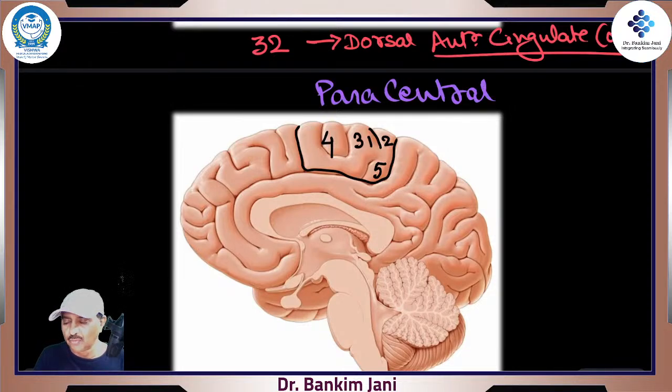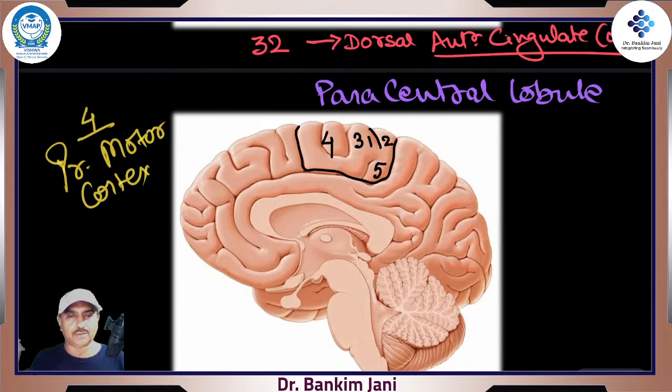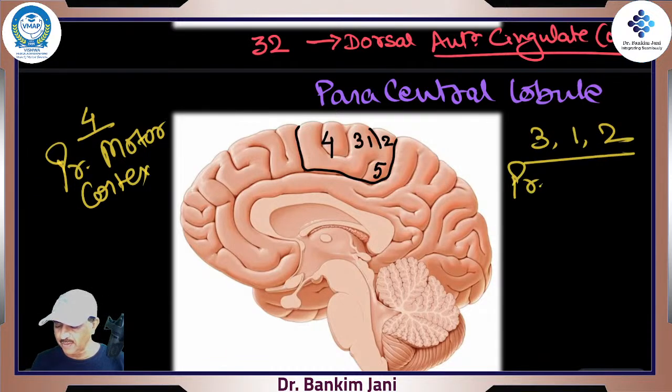In the paracentral lobule, we have Brodmann's areas. Area 4, you know it very well, is the primary motor cortex. And areas 3, 1, 2 are all primary somatosensory, correct?